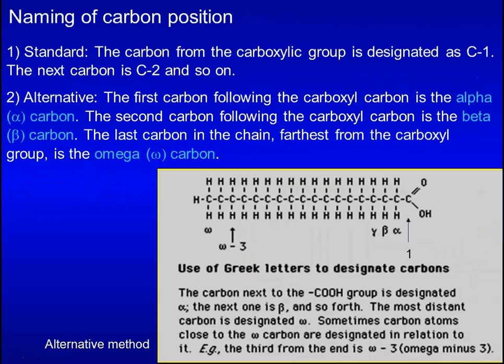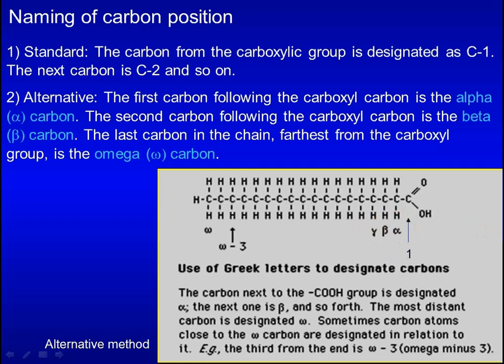Following the standard method, the carbon from the carboxyl group is designated as the first carbon. The next carbon is the second carbon, and third carbon, and so on. Following the alternative method, the first carbon following the carboxyl group is the alpha carbon, and the second carbon following the carboxyl group is beta, and gamma, and so on.